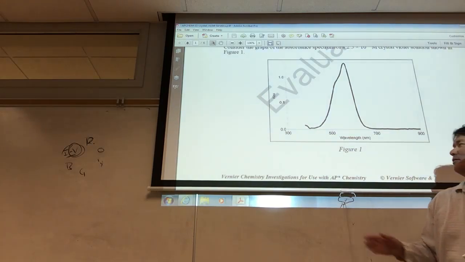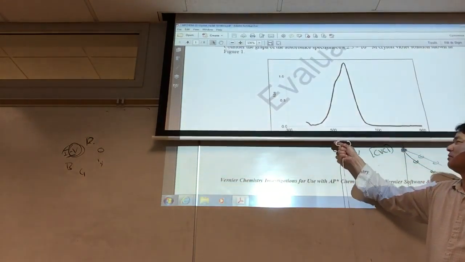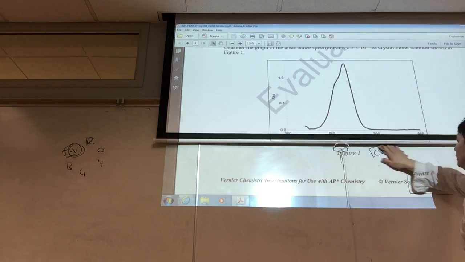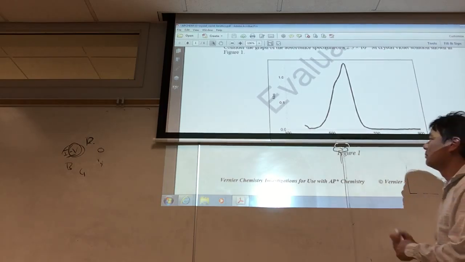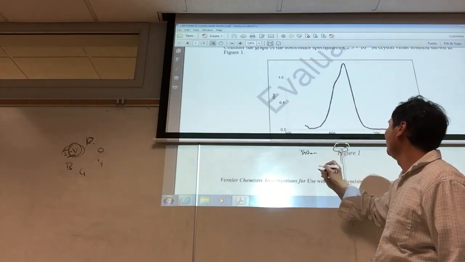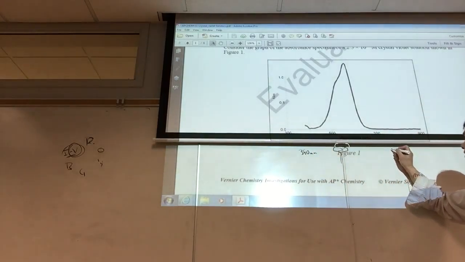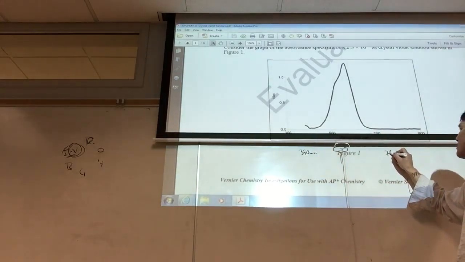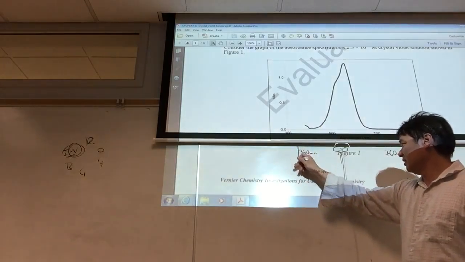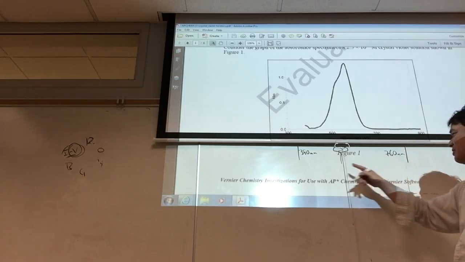Actually, officially, the visible spectrum ranges from 390 nanometers to past 700. We go all the way to 760 nanometers. And so this is the range of wavelengths for visible light.